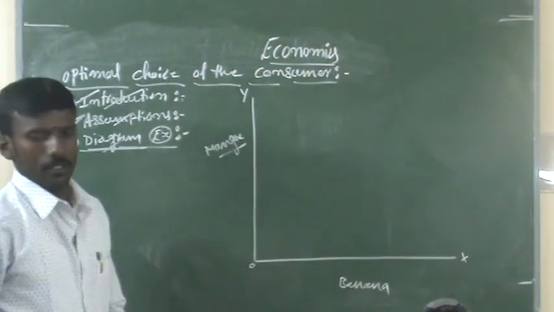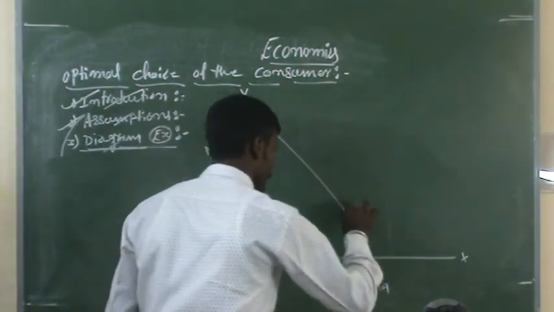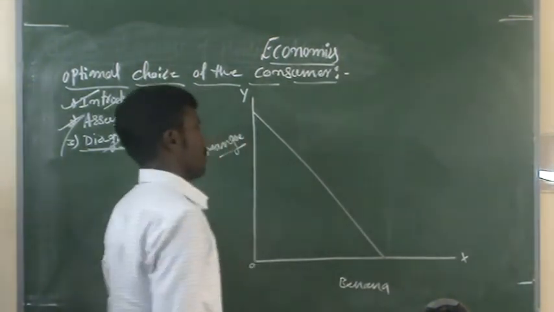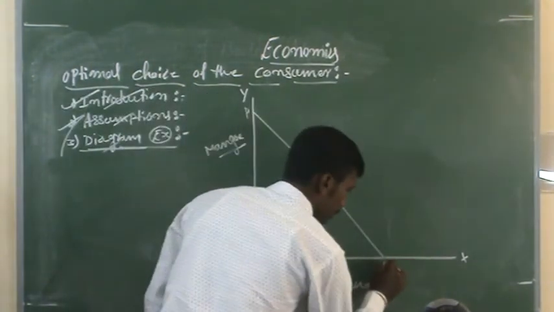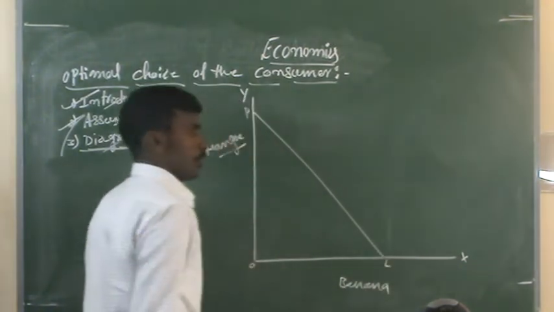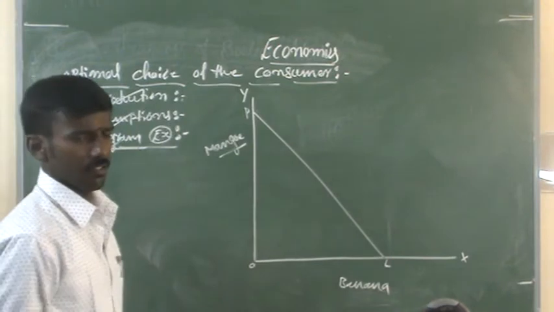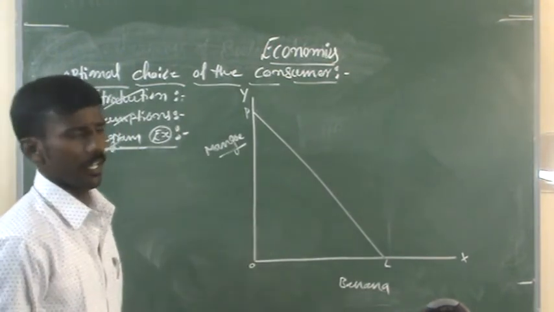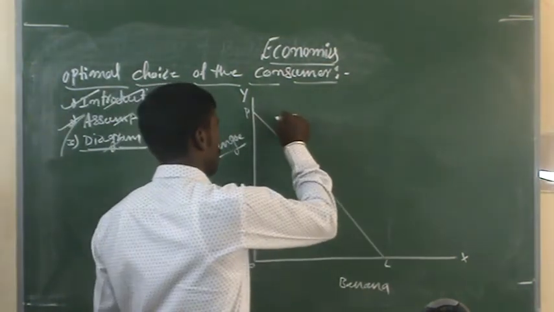Right. Now this is the budget line, give it a name, PQ or PL, or MN, whatever symbols you give, and you have to construct different indifference curves.